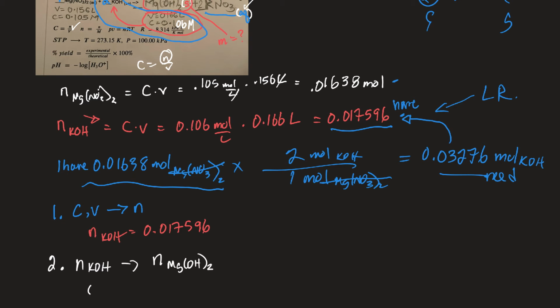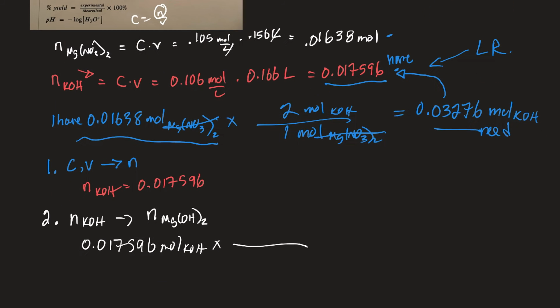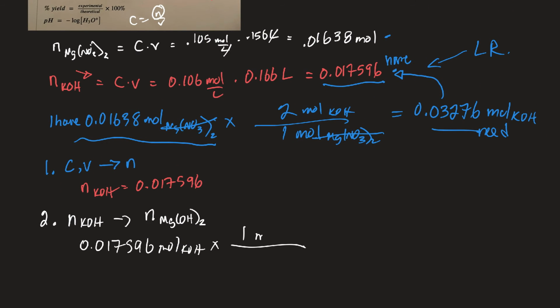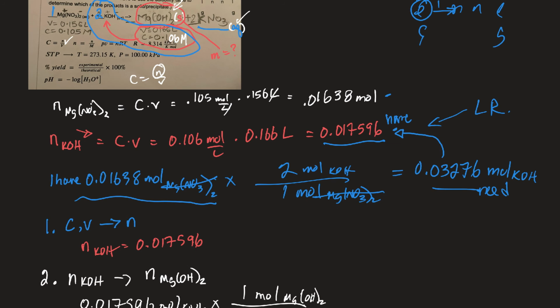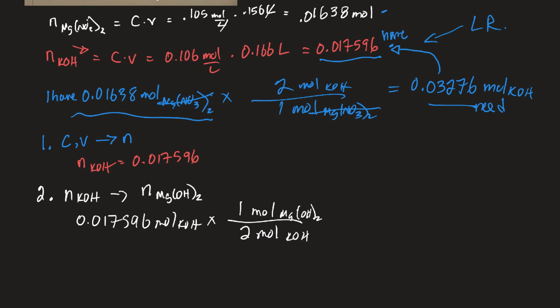So I write down what I have, 0.017596 moles of KOH, and I'm multiplying that by the ratio of KOH to magnesium hydroxide. So 1 mole of magnesium hydroxide I get from 2 moles of KOH. Let me just make sure that's right. Yep, 1 to 2.